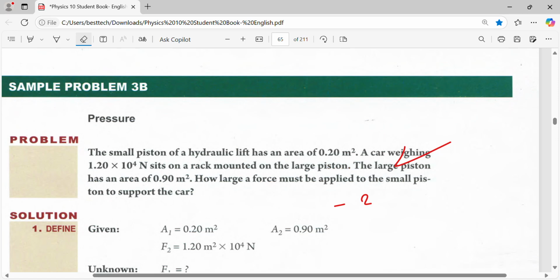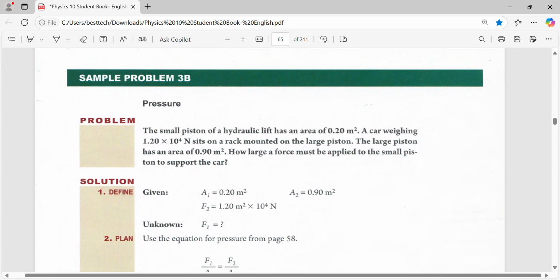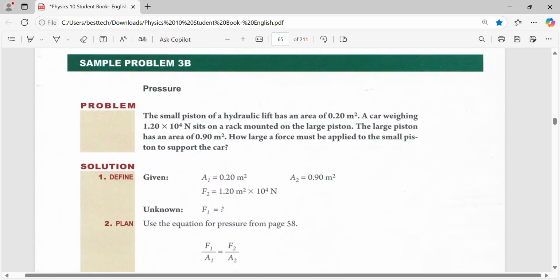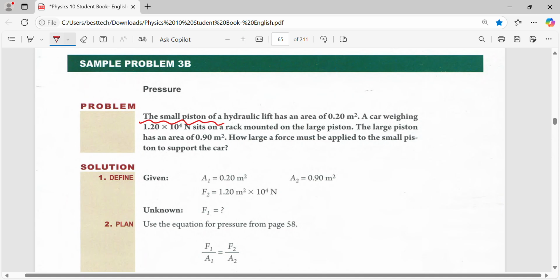Okay, guys, let me solve just this example today. Pressure problem: the small piston of the hydraulic lift has an area.